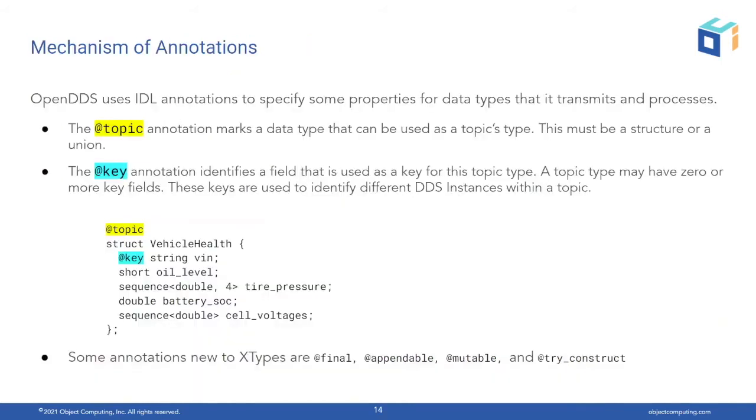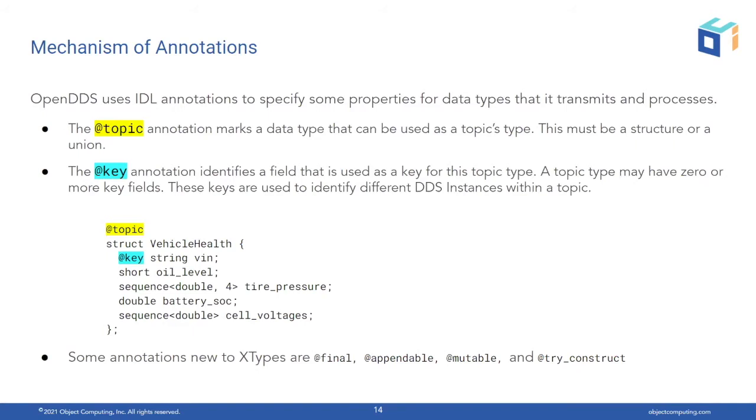Let's now take a brief look at the underlying mechanism which makes XTypes possible: the mechanism of annotations. Some existing annotations include topic and key. Topic marks a data type that can be used as a topic's type, whereas the key annotation identifies a field that is used as a key for this topic type.